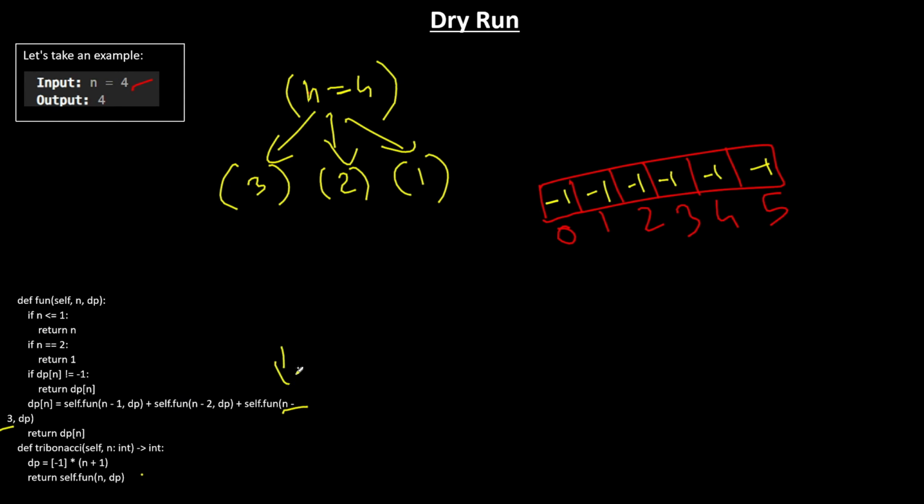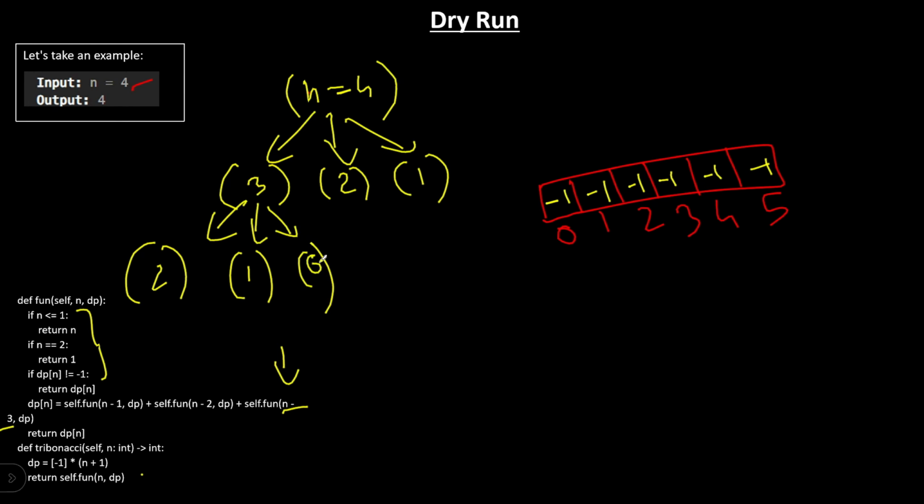Now this function will be called first, right? For this, again these conditions are false, so n minus 1 will become 2, n minus 2 will become 1, and n minus 3 will become 0. Great.